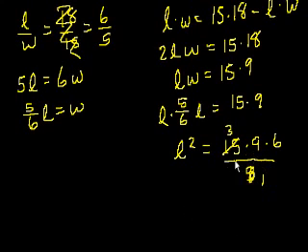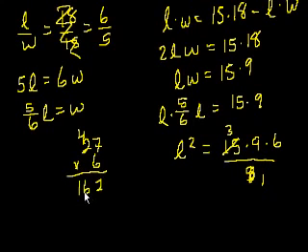And then now we have to do some math. So 3 times 9 is 27. 27 times 6. 27 times 6 is what? 7 times 6 is 42. 2 times 6 is 12. Plus 4 is 161.